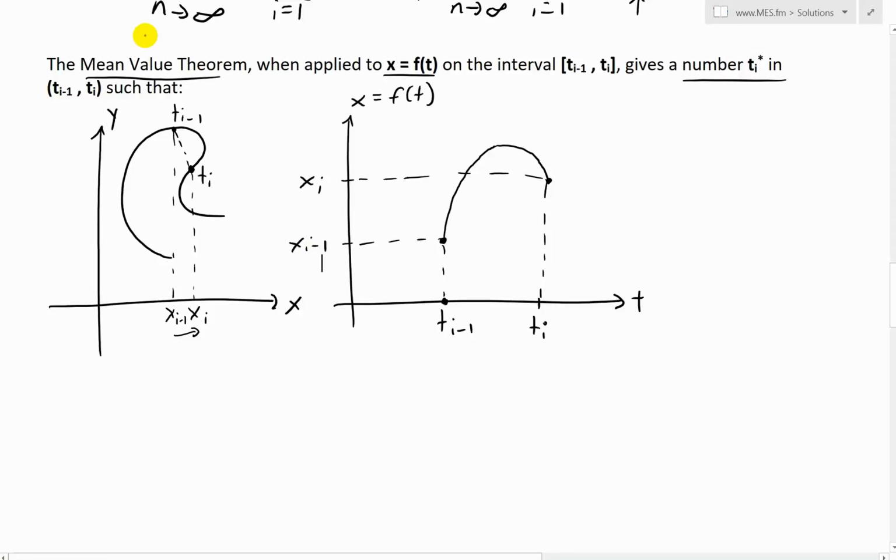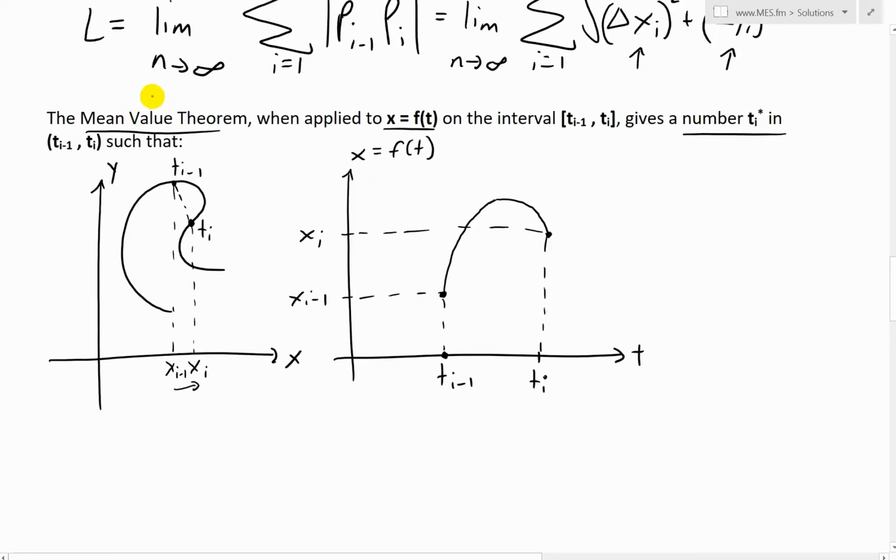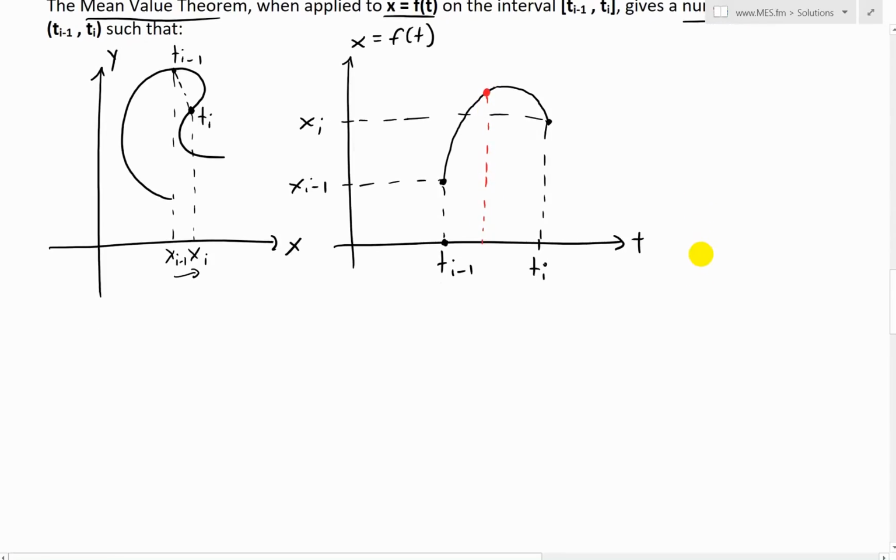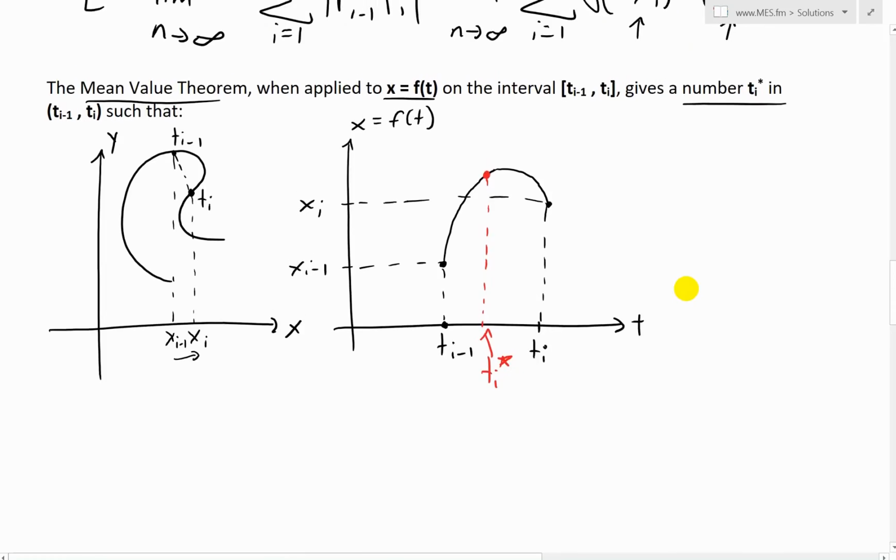And now the next step is we apply the mean value theorem. The mean value theorem states it gives a number t_i star such that the derivative, or the slope, is the same as the average slope. So if we get a point across there, we'll call this value t_i star. Then the derivative, or the slope across here, would be exactly the same as the average one, which is from here to here.